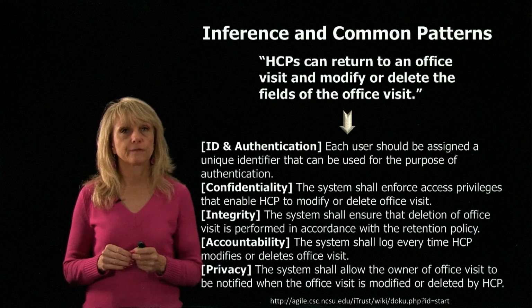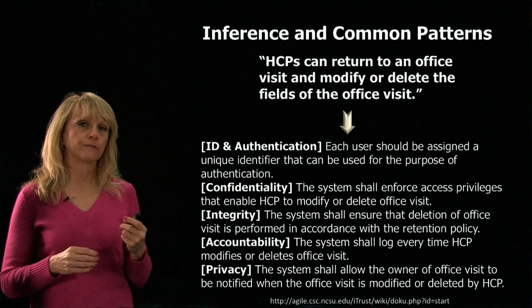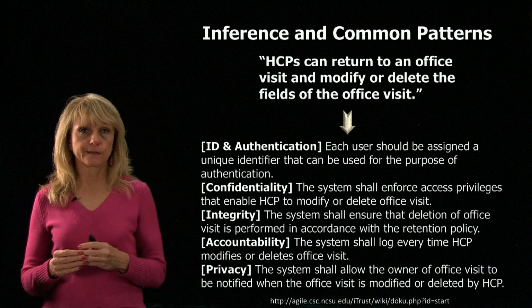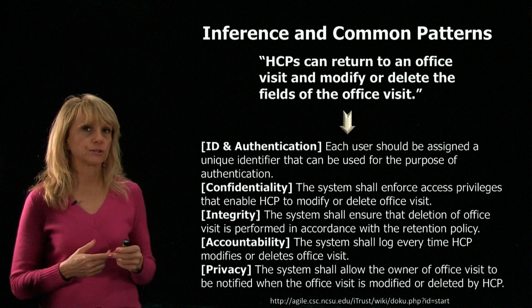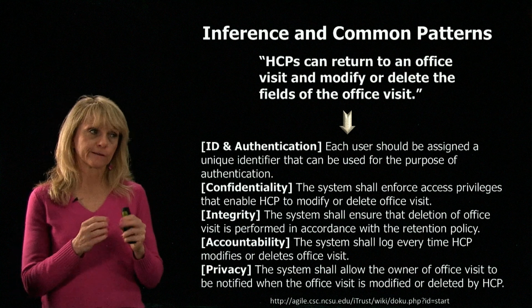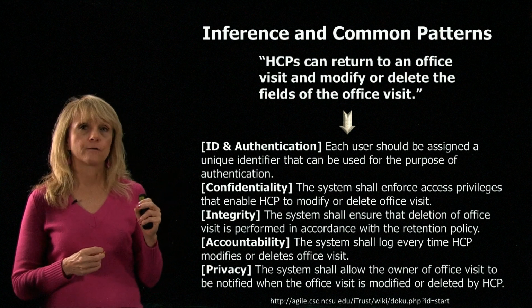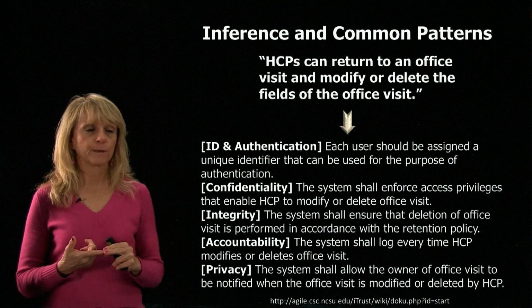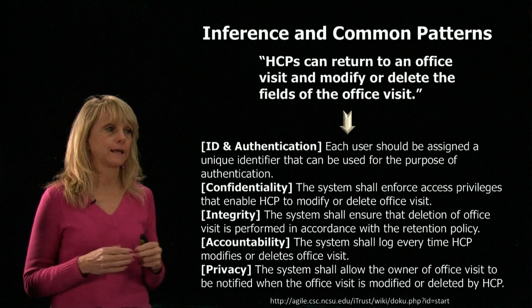Based upon the types of things that she developed, there are some implied functional requirements. So in this case, the first one deals with identification and authentication. And so what this is to say, in order to properly and securely implement the main functional requirement, you need to make sure each user is assigned a unique identifier and must authenticate into the system.